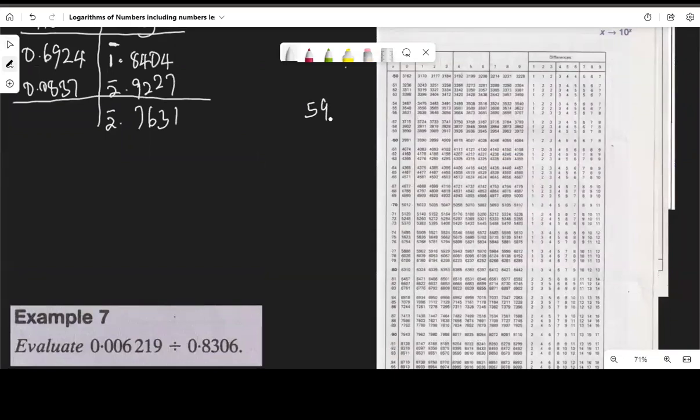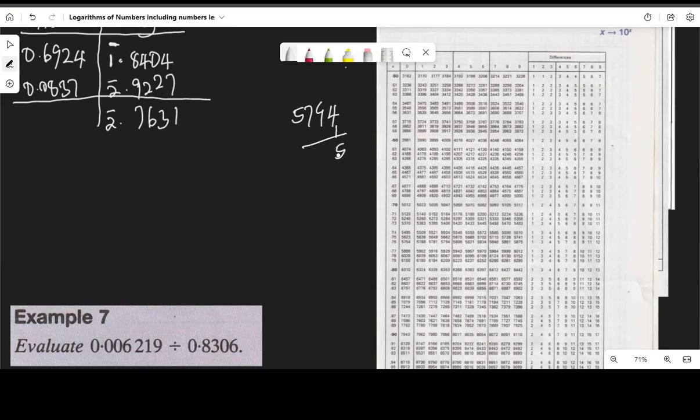Let me get that right. 76 under 3 is 5794, right? Difference of 1 is 1.